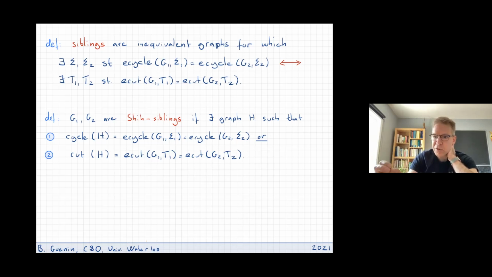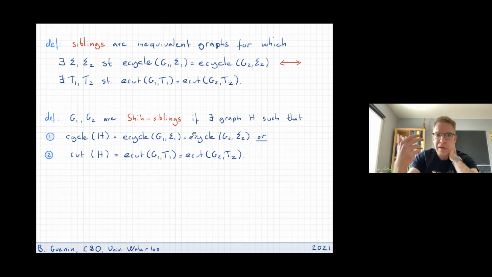Sometimes when you use the cycle version of Shih's theorem, you get some information, and sometimes when you use the cut version, you get some information. So those are really two basic classes. You have a cycle version and a cut version of Shih siblings.